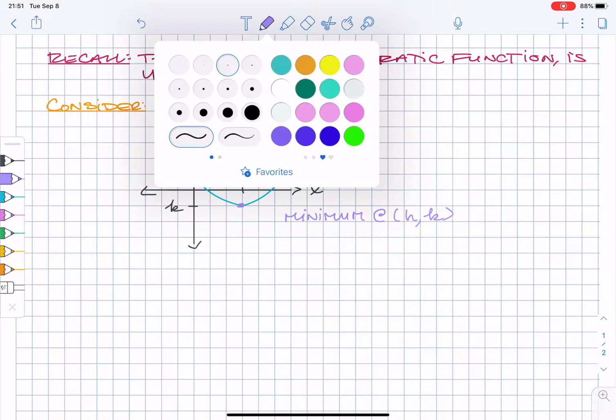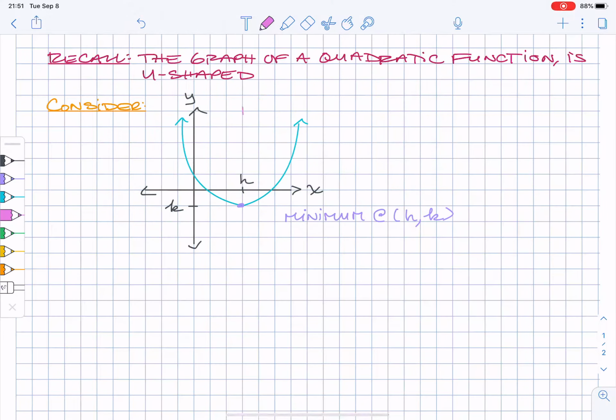Notice also that this line, which is x equals h, this vertical line, there's a mirror image on either side. So mirrored across x equals h.